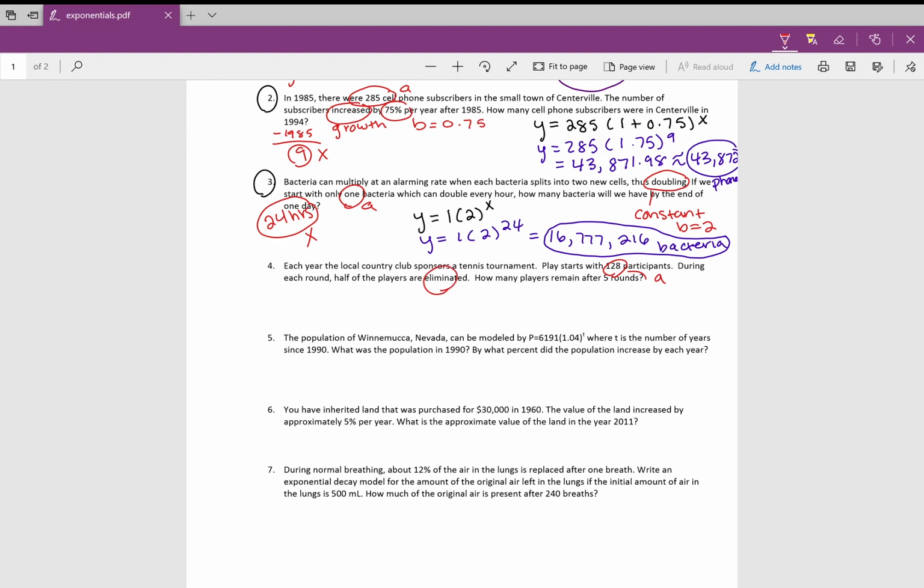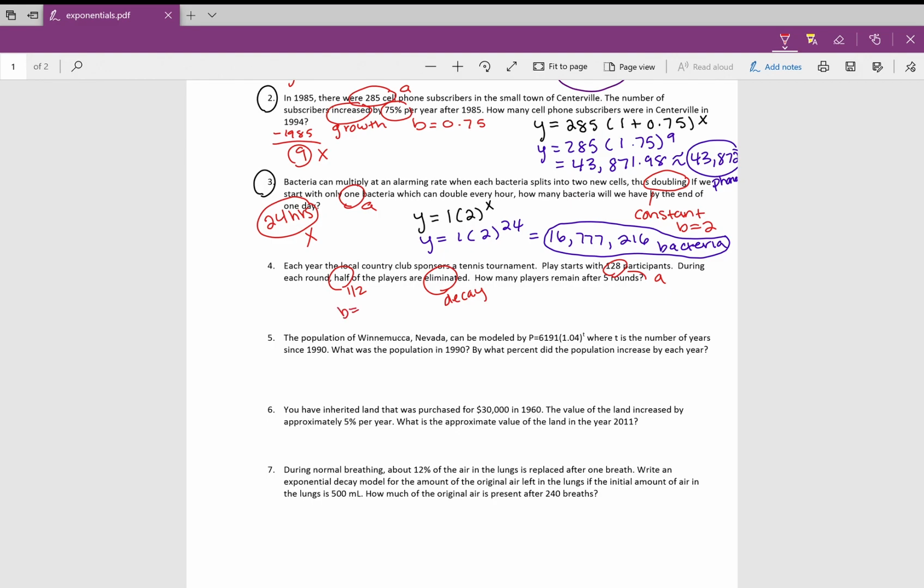Eliminated tells us that it is a decay. However, it says half of the players are eliminated. So this is our decay. And we know half is 1/2, but if we were to turn that into a decimal, that would be 0.5.